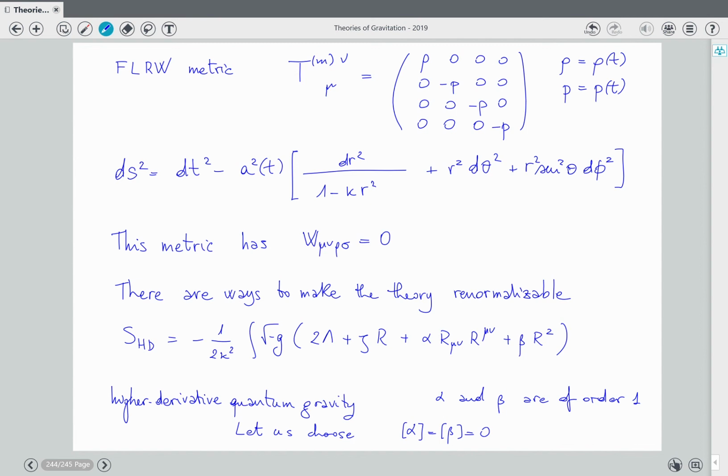Then what are the dimensions of the other things? Dimension of zeta is 2, and the dimension of the cosmological constant lambda is 4.